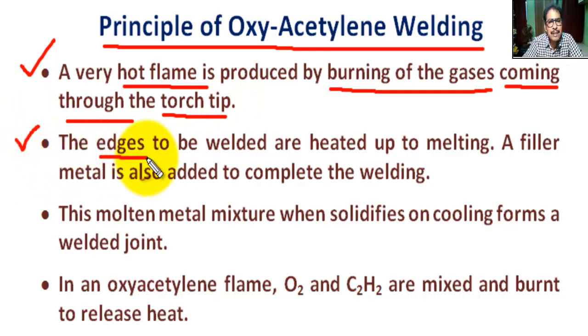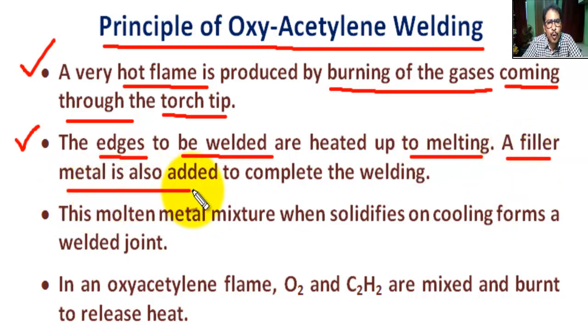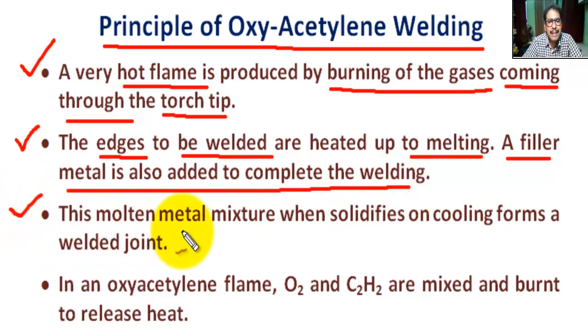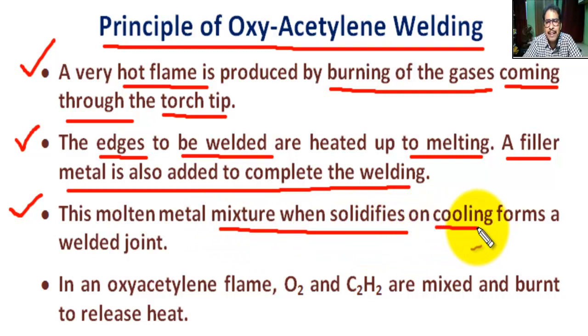The edges to be welded are heated up to melting point temperature. A filler metal is also added to complete the welding. The molten metal mixture, when it solidifies on cooling, forms a welded joint.